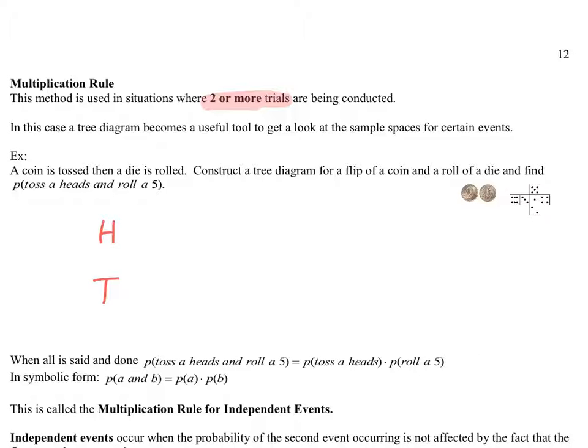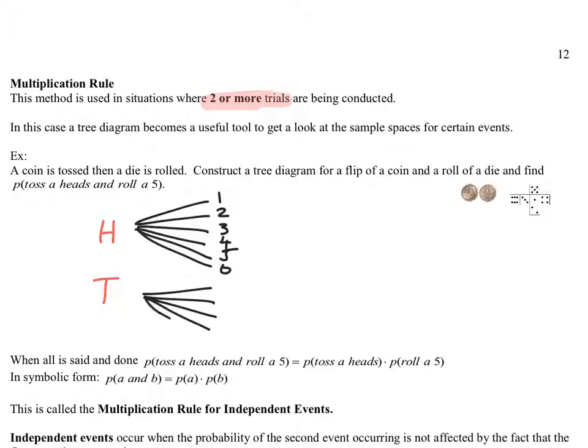All right, so if I flip the coin, I could get a heads, but then after I roll the die, I could get any of the outcomes from 1 to 6 on the die. So 1, 2, 3, 4, 5, 6. Same thing for tails.